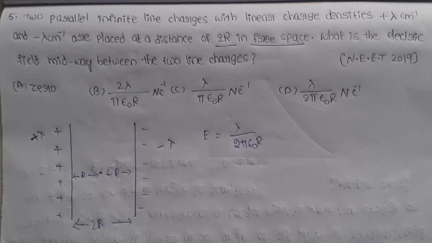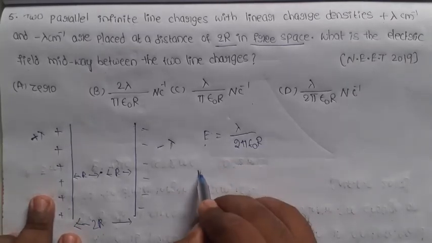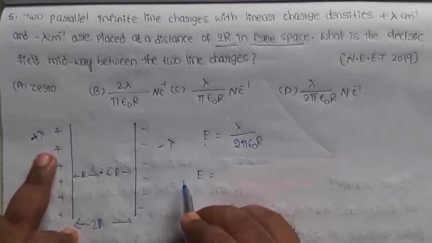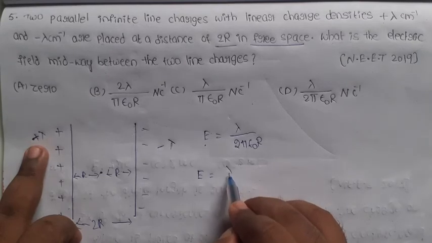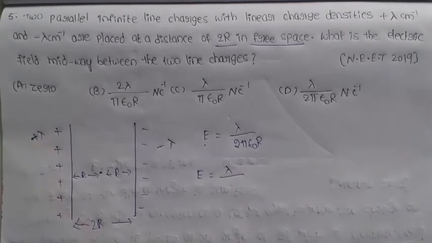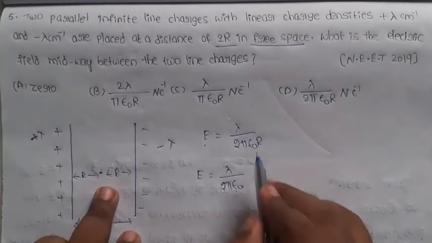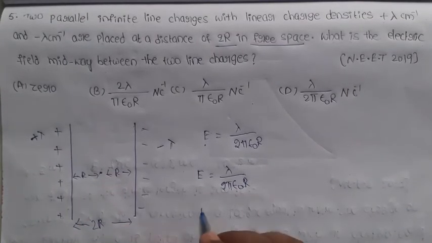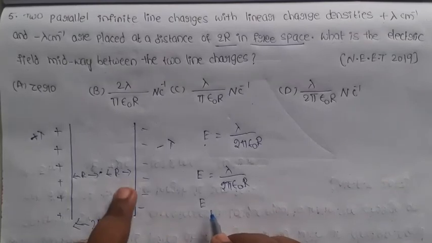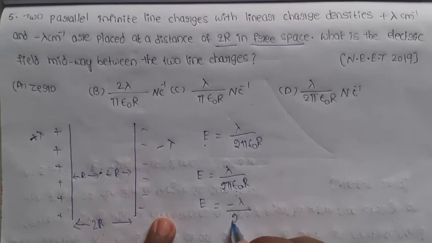Now applying this to the first line, with density plus lambda: E equals lambda by 2 pi epsilon naught r. For the second line, with density minus lambda: E equals minus lambda by 2 pi epsilon naught r.